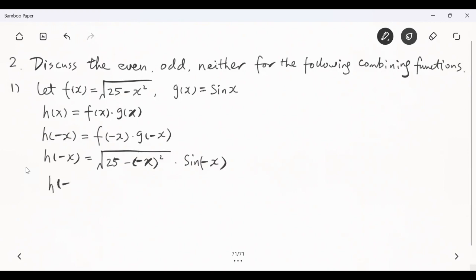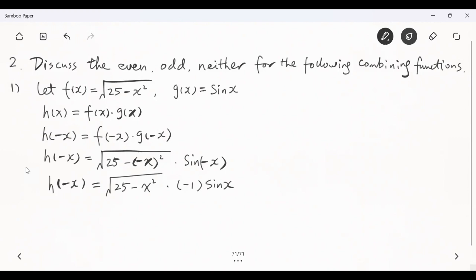So next step, the first one is negative x squared, so it becomes positive, right? 25 minus x squared. Because sine negative x equals negative sine x, so this is negative 1 times sine x, right?